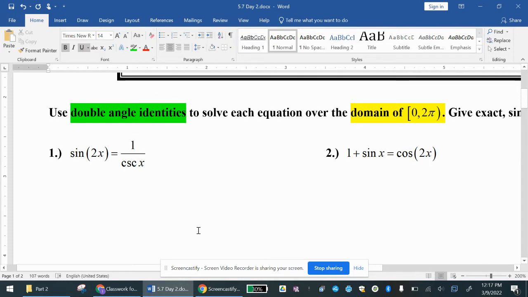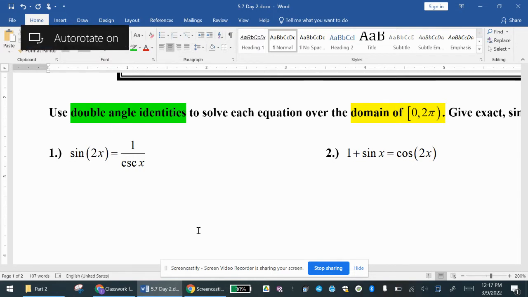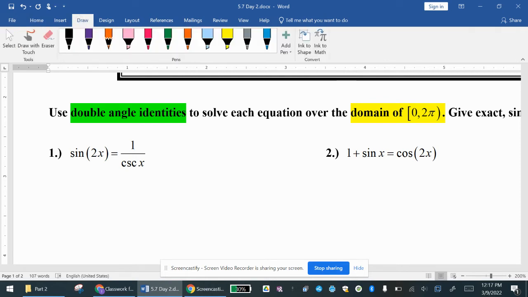Now the only problem with that whole rule about trying to write everything using the same terms is that when you are only given one option for the double angle of sine, you don't have any other choice. So for example, over here, sine of the double angle of x, unfortunately, there's only one option to rewrite it: 2 sine of x cosine of x.